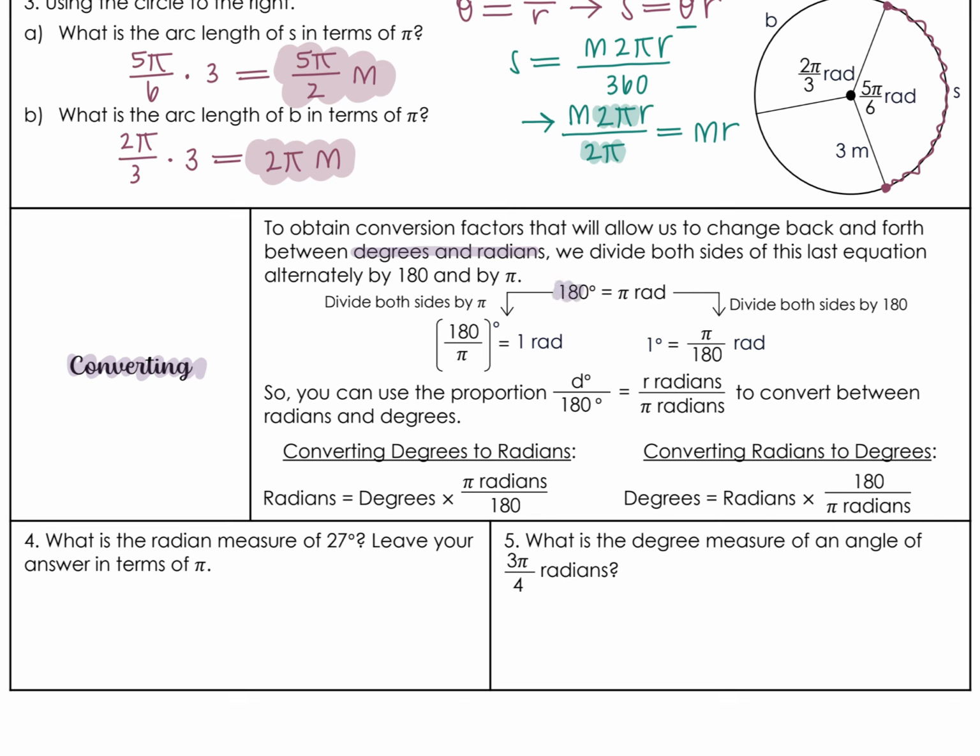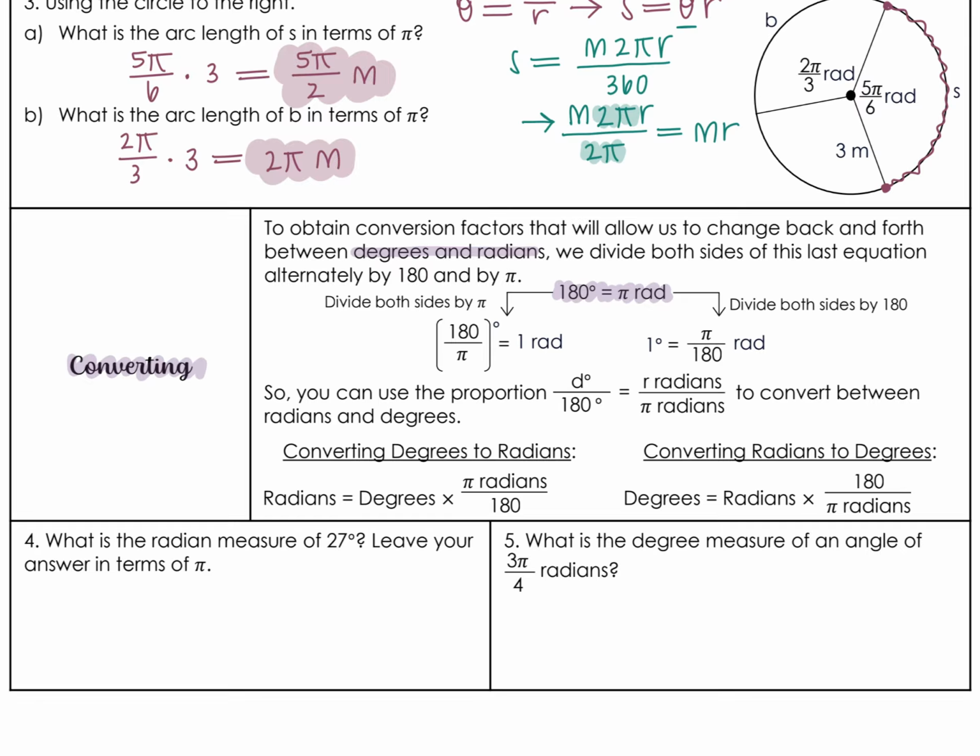The last one that we had written out was that pi radians is equal to 180 degrees. On this side, we are dividing that equation by pi on both sides, and you should be left with 180 divided by pi is equal to 1 radian. On the right side, we are dividing both sides by 180, and when you do that, you get 1 degree is equal to pi divided by 180 radians.